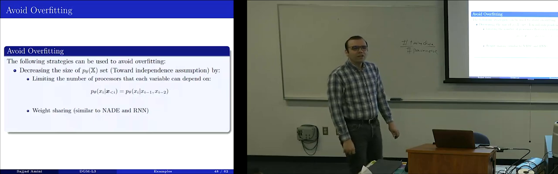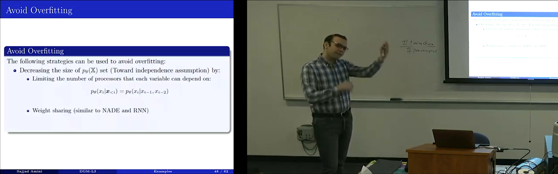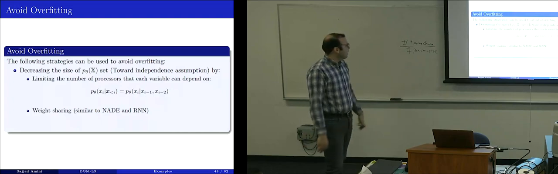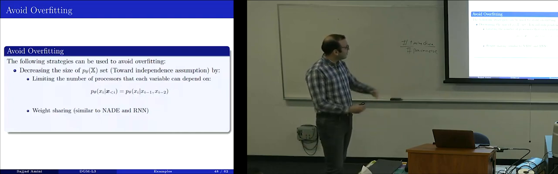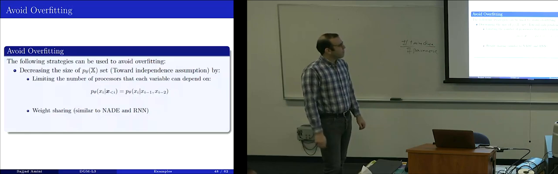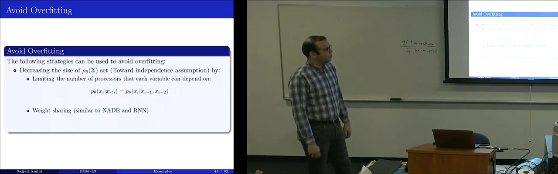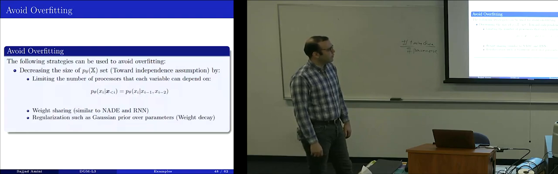No, it's just a rule of thumb. There is no guarantee. If you increase the number of training data over the parameters, it means that the chance of overfitting to some extent decreases. So weight sharing is also another great opportunity to control overfitting.